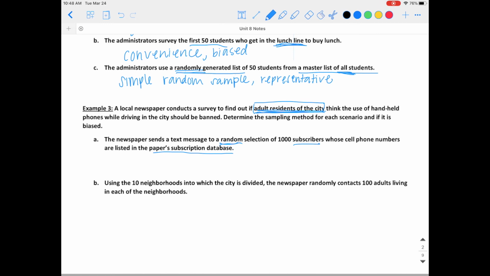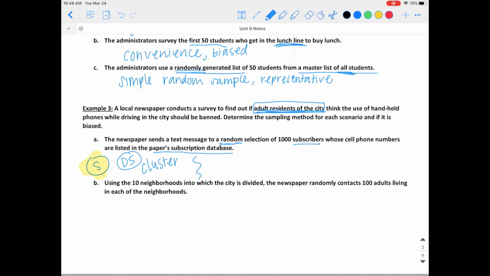One is you could think about this as two groups. You have a group of people who subscribe and have their numbers in there, and a group of people who don't subscribe. And we're only picking people from the group that subscribes, but we are picking randomly in there. So if you're thinking of it that way, you would say cluster sample.